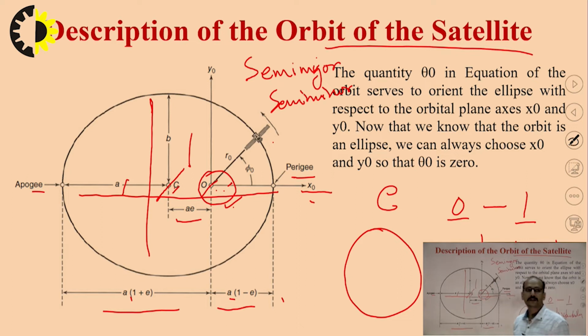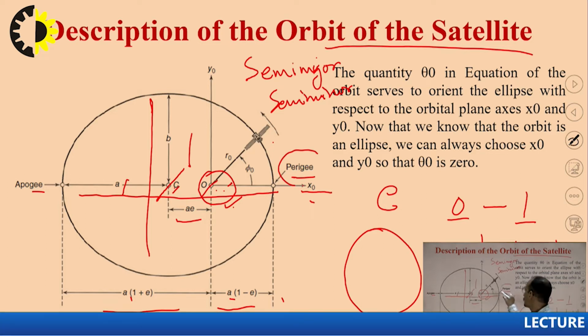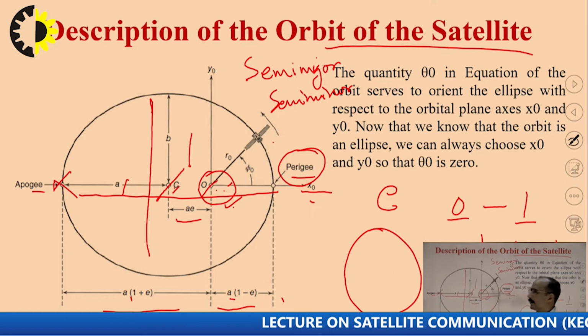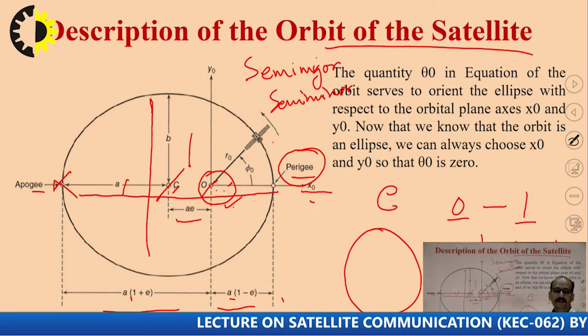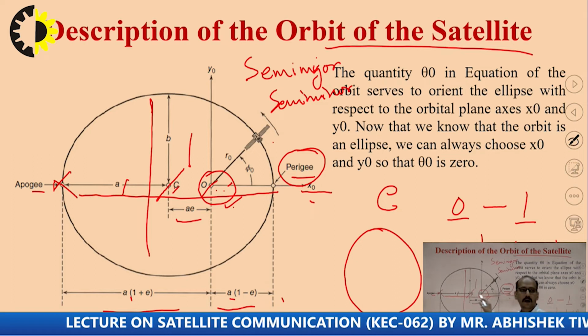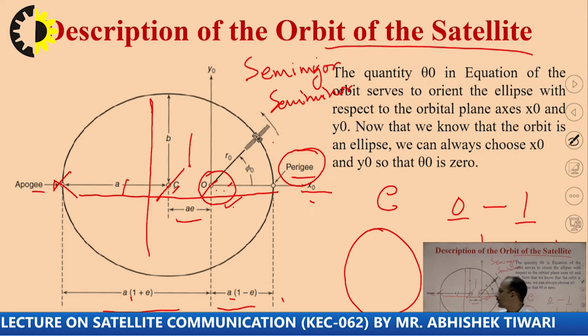One condition is when that distance is minimum, the satellite is closest to the Earth. That point is called perigee. Similarly, when the satellite is at this position, it is farthest from the Earth, meaning this distance is the maximum. That's why this point is called apogee.